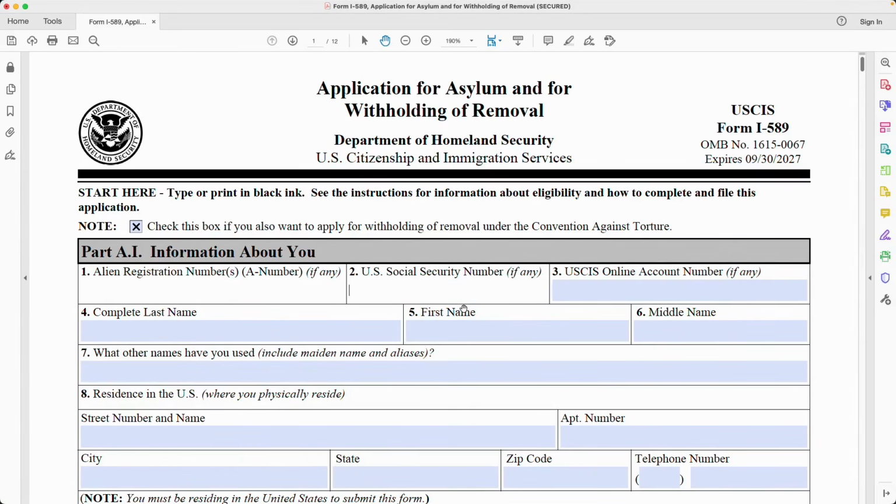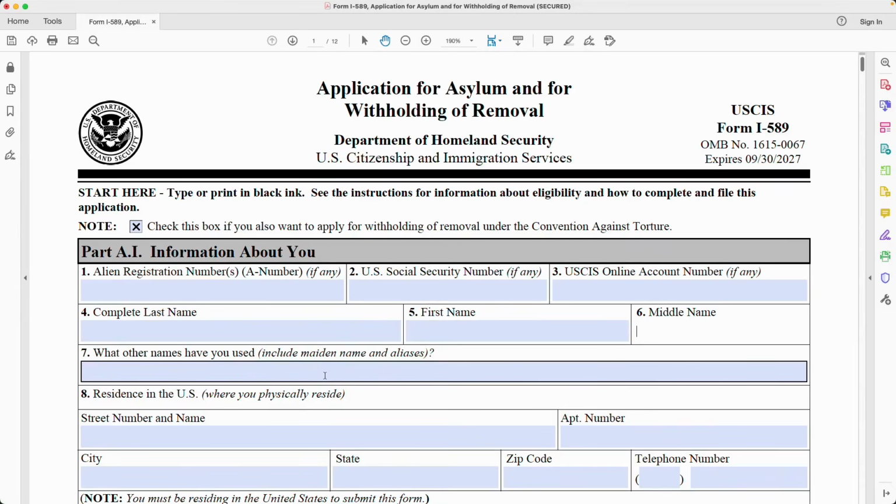Here, on question 2, if you have a Social Security number, write it here. If you do not have a Social Security number, again, you can write N/A. On question 3, write your USCIS online account number if you have one. On questions 4, 5, and 6, write your full name, starting with your last name, then your first name, then your middle name, if you have one.